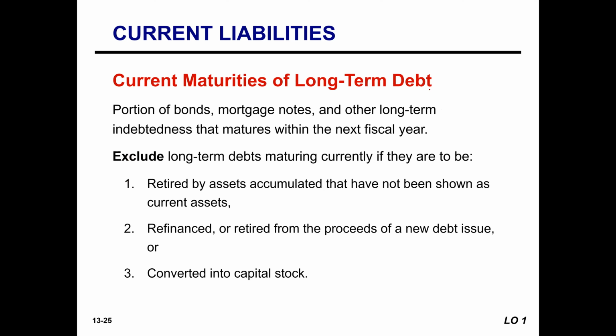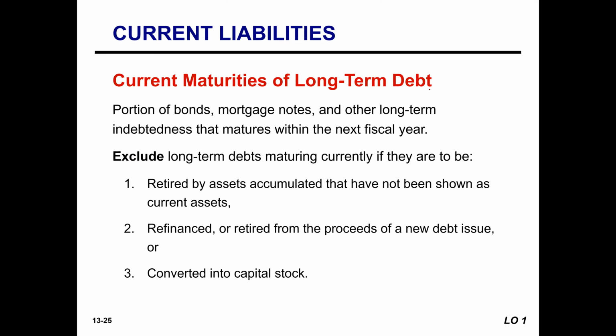Current maturities of long-term debt, so portions of bonds, mortgage notes, and other long-term indebtedness that mature within the next fiscal year. Excludes long-term debts maturing currently if they are going to be retired by assets accumulated that are not current assets, if they're going to be refinanced or retired from the proceeds of a new debt issue, or if they're going to be converted into capital stock.